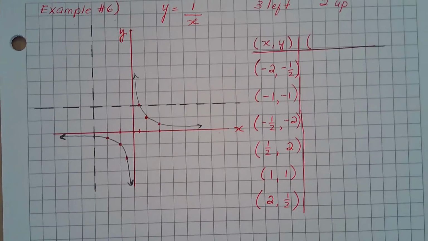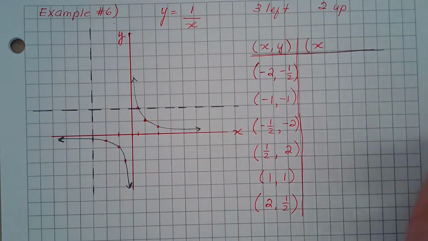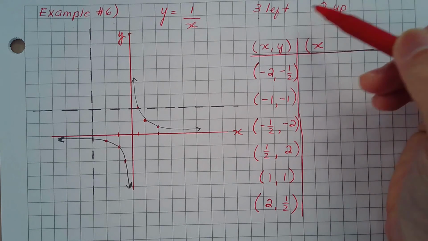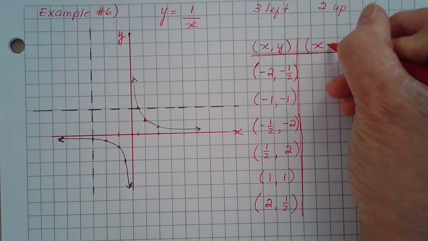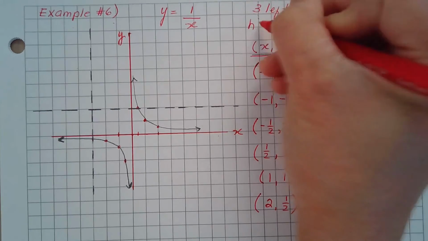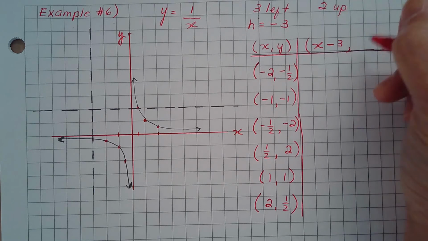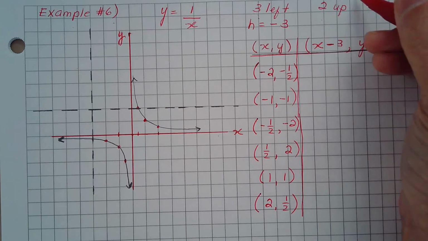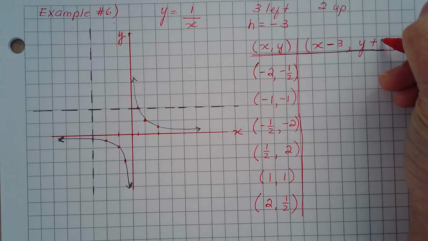Okay. So what are we going to do here? It's x, 3 units to the left, so it's going to be minus 3. So h is negative 3, minus 3. What about the y? It says y is 2 up. So that's going to be y plus 2.